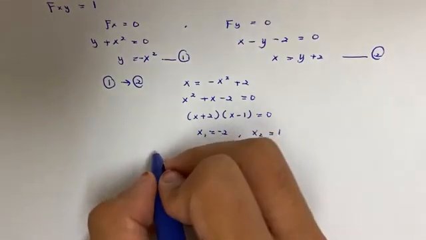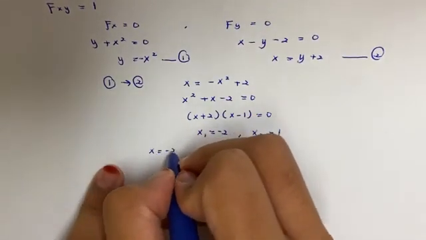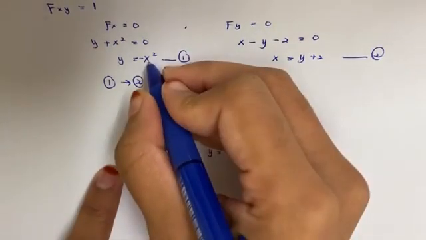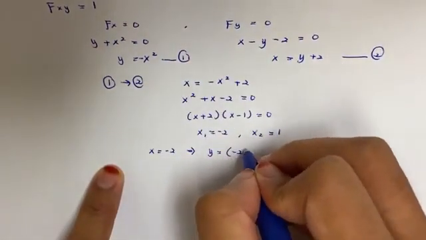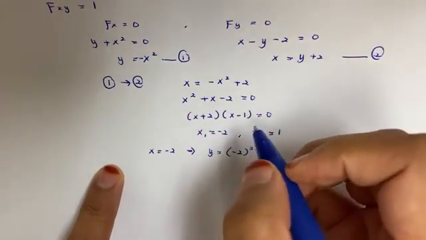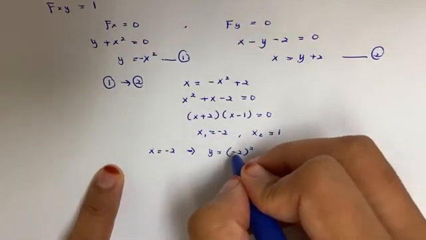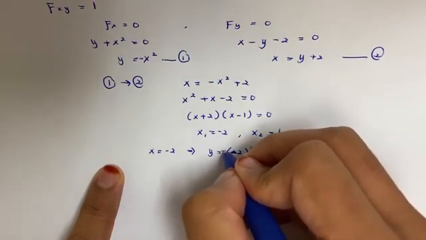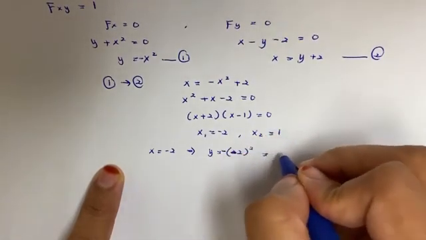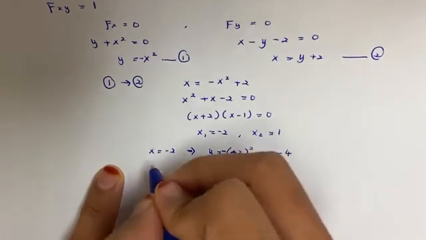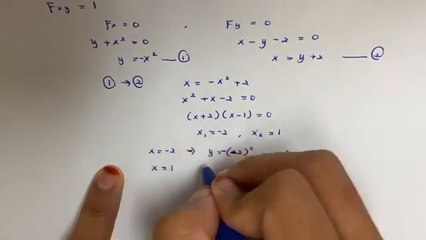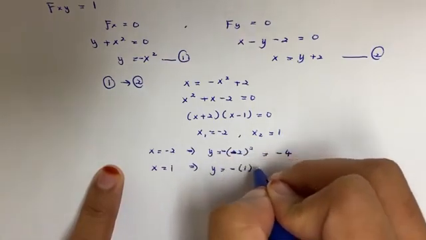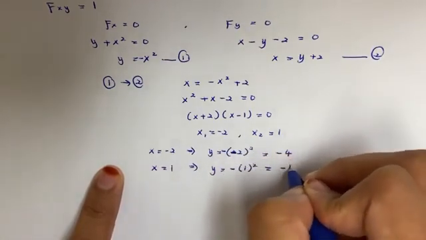Then from here, substitute when x equals negative 2. So your y is equal to negative (negative 2) squared, so you have negative 4. And when x equals 1, you have y equal to negative 1 squared, which is equal to minus 1.